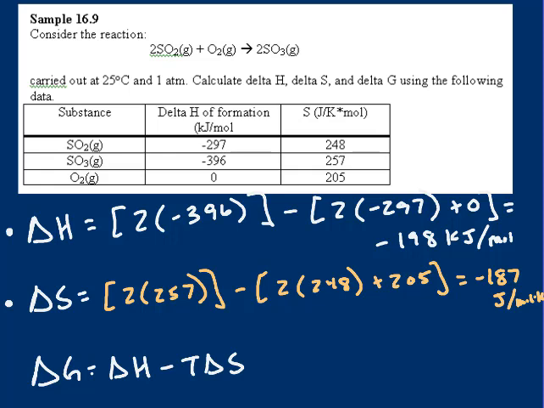So delta H, you should have got a negative 198, and delta S, negative 187. And that's kilojoules and joules, respectively. Go ahead and pause the video and calculate delta G. Restart when you're done.